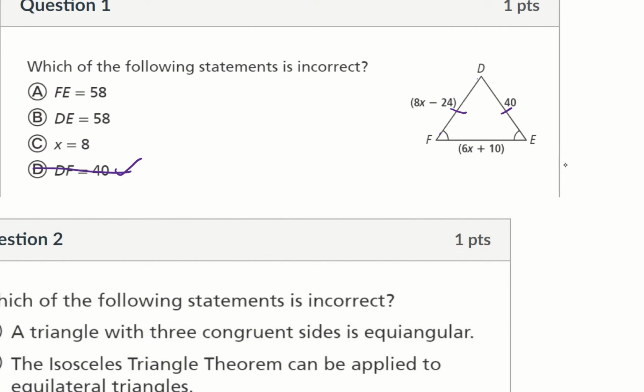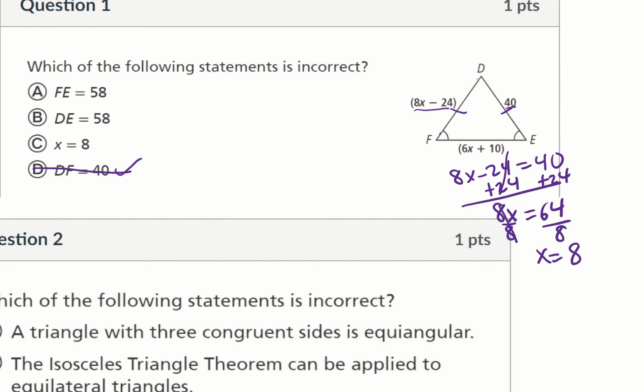If we want to solve for x, we set this equal to 40. So 8x minus 24 is equal to 40. We add 24 to both sides, so 8x equals 64. Then we divide by 8. We know that 8 times 8 is 64, so x equals 8.